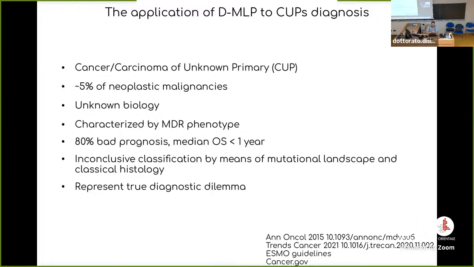So we were trying to say, maybe if we can get to an earlier diagnosis thanks to this approach, in partnership with the pathologist, we can probably increase the chance of patients getting a better treatment or an early diagnosis.